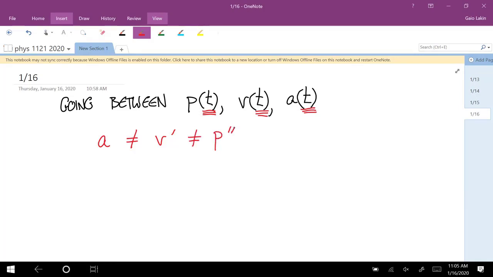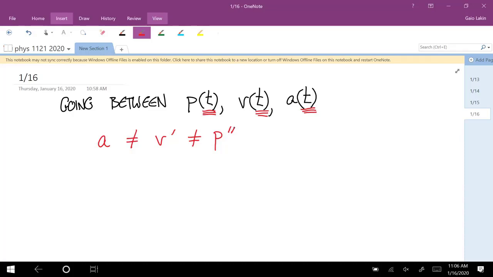Okay. Those derivative relationships are just saying that whatever function you have for velocity or position, take the derivative and it gives you acceleration. You can't do that unless it's a function of time. It's very important that it is a function of time. If it's not, you have to figure out some other way to do it.